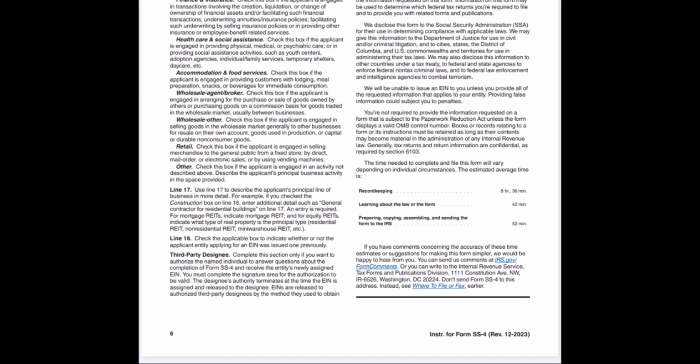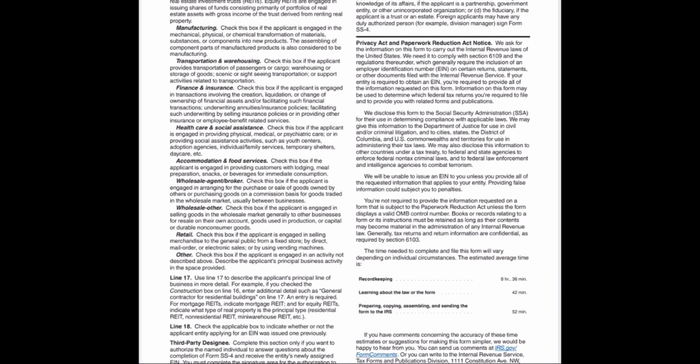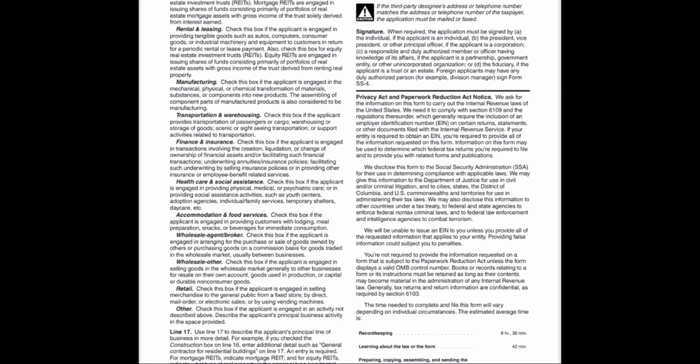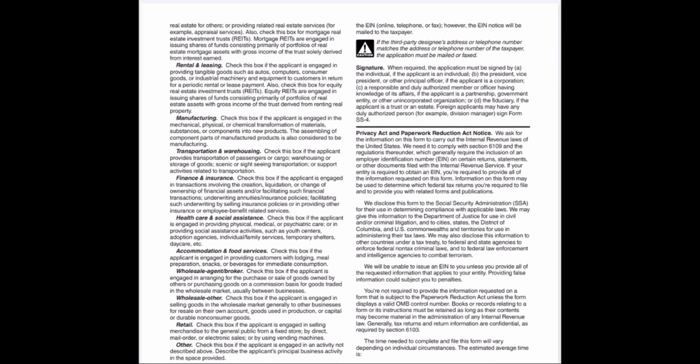When required, the application must be signed by A, the individual, if the applicant is an individual; B, the president, vice president, or other principal officer, if the applicant is a corporation; C, a responsible and duly authorized member or officer having knowledge of its affairs, if the applicant is a partnership, government entity, or other unincorporated organization; or D, the fiduciary, if the applicant is a trust or an estate. Foreign applicants may have any duly authorized person, for example, division manager, sign Form SS-4.